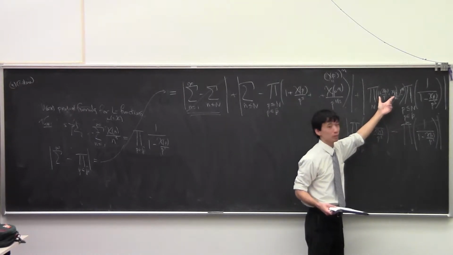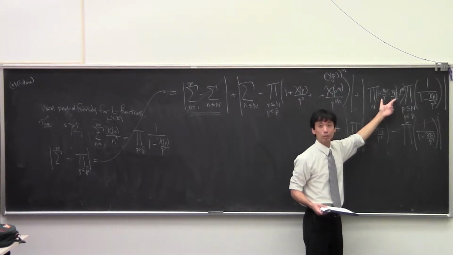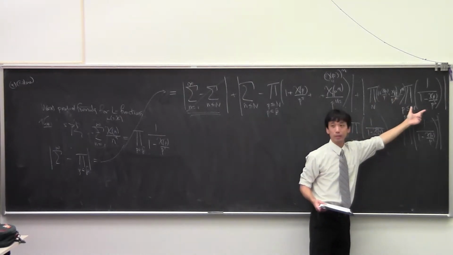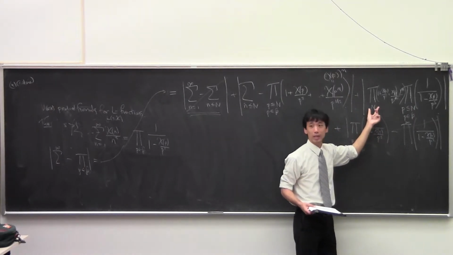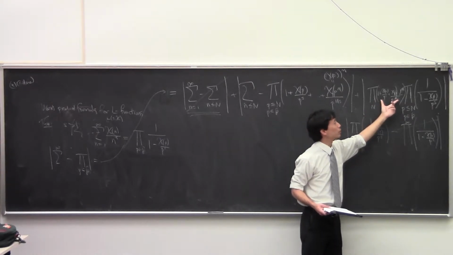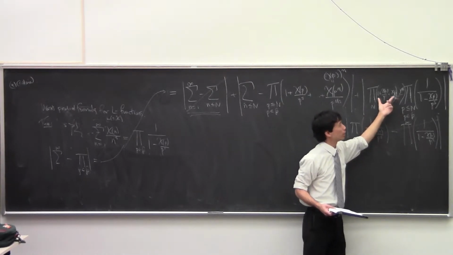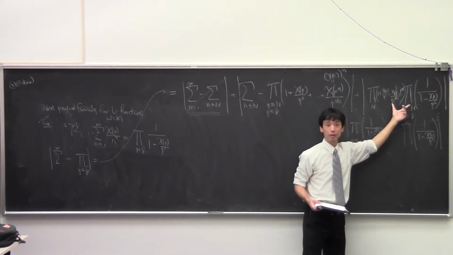This is the partial sum of the geometric series. As m goes to infinity, this thing converges to this. There are only n of them. This is a finite product of a bunch of partial sums that converge to these infinite series, right? So we can make this smaller than whatever epsilon.